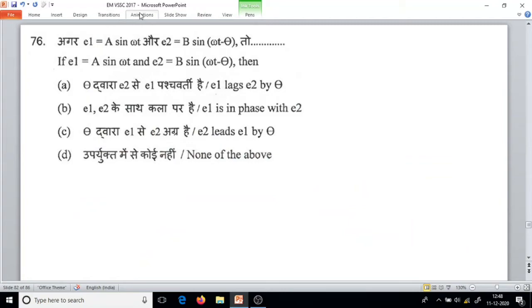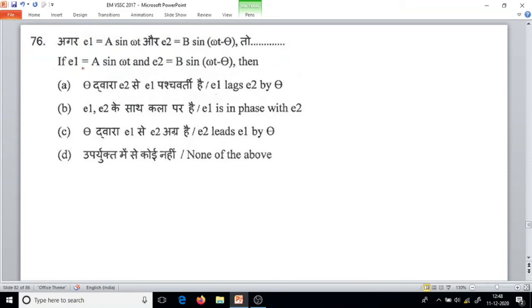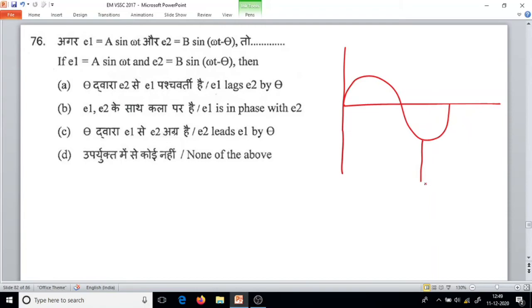Question number 76. If E1 equal to A sin omega t and E2 equal to B sin omega t, then we will just draw what he has given. This is E1 equal to A sin omega t.